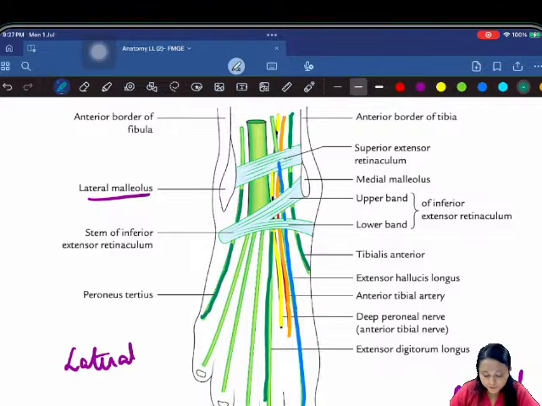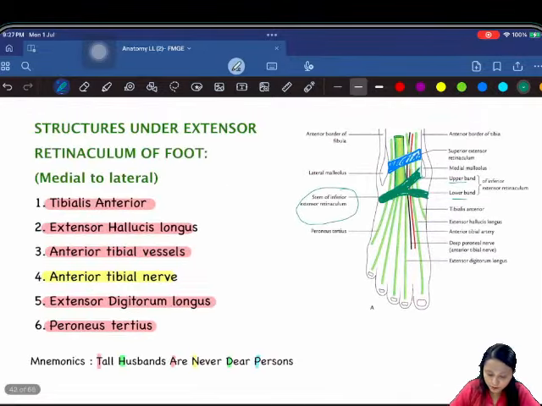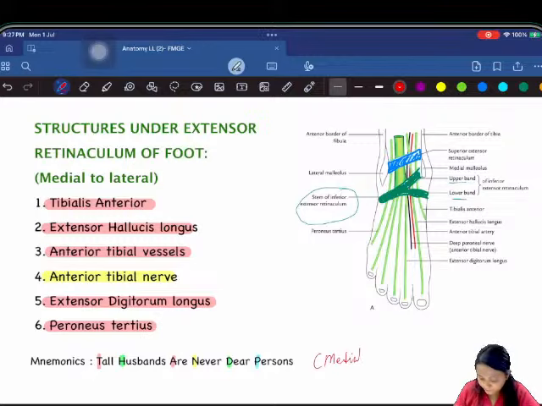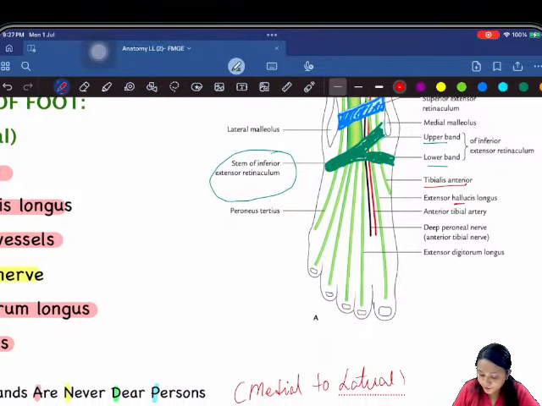So if you try to remember this mnemonic, it is from medial to lateral. The most medial structure will be your tibialis anterior, tall. Then tall husbands, H, A for artery, N for nerve, never, dear, D for digitorum, and P for persons.